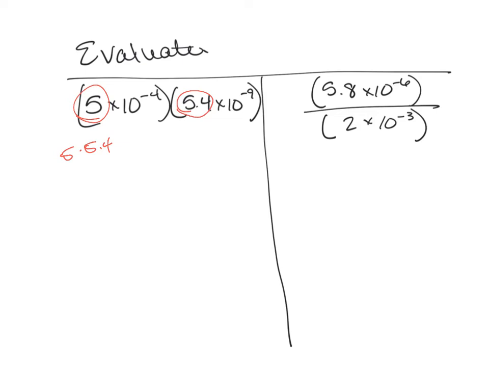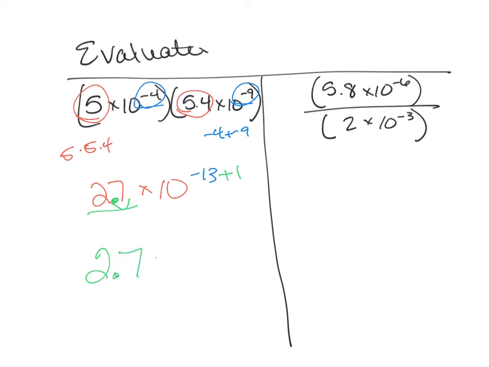If I multiply that, I get 27 times 10 to the power, let's see, negative 4 plus a negative 9 gives me a negative 13. This is a bigger number, so I'm going to add, and I only need to add 1 because I only moved it 1. 2.7 times 10 to the power of negative 12. And that would be our answer.